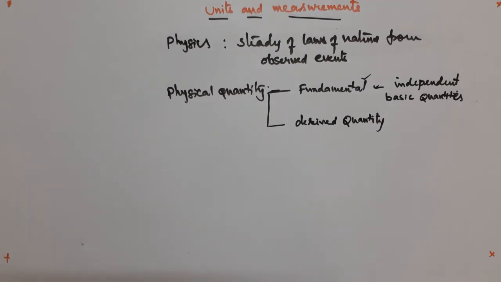Now what are the examples for these fundamental quantities? There are basically 7 fundamental quantities.